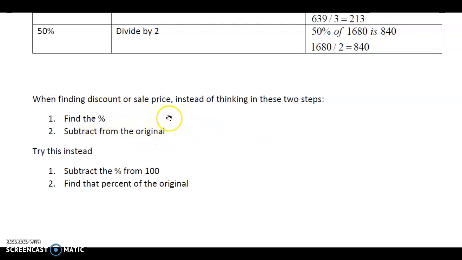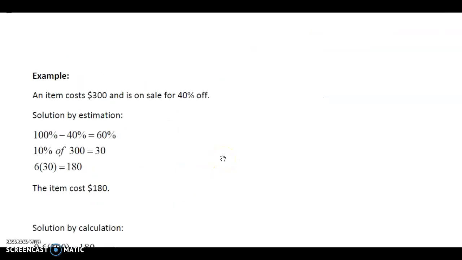When you find the percent, you're changing your percent to a decimal and then multiplying that decimal times the original amount. But another way to think about that, instead of doing the two steps in that order, you can switch it up. Maybe try subtracting the given percent, the discount, from 100, and then find that percent of the original. I have an example here for you.